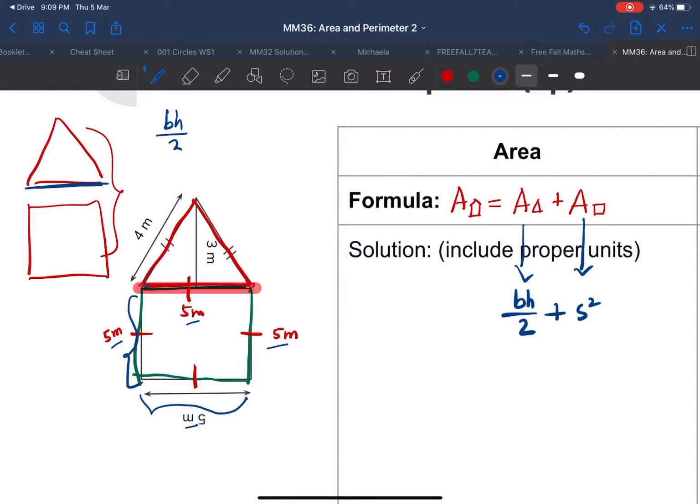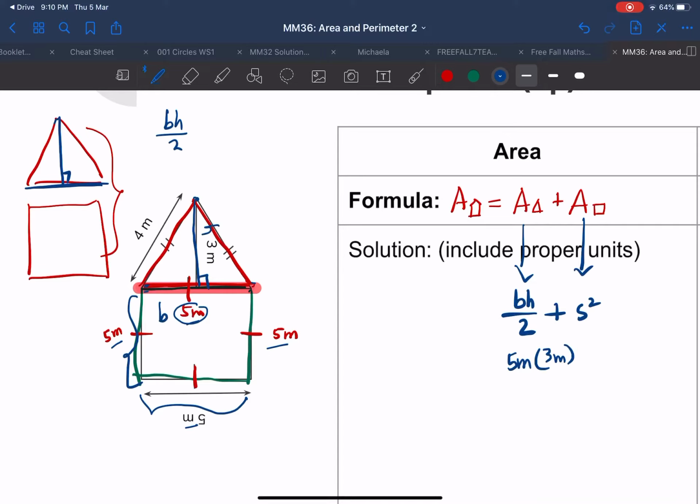The base of the triangle is one side of the square, so the base is 5 meters. The height is from the tip to the base, making a right angle. So tip to base, right angle, the height is 3. So this is the base, this is the height.